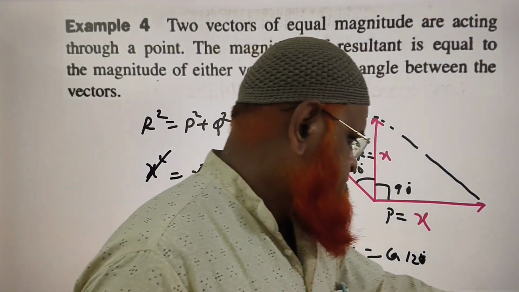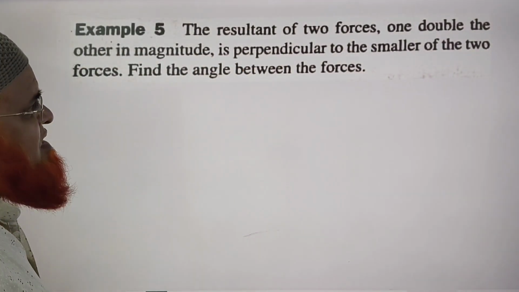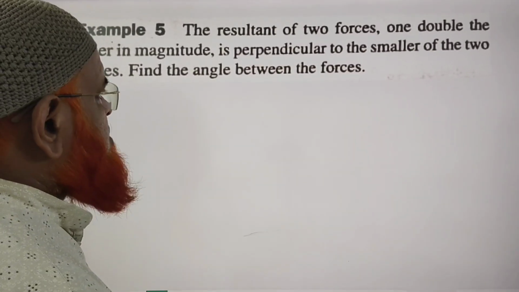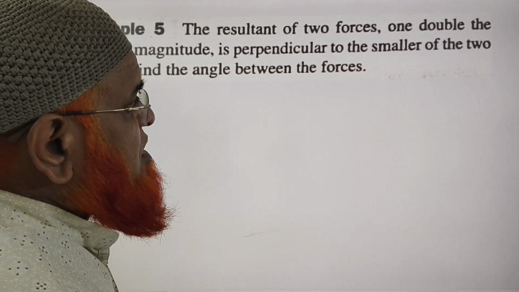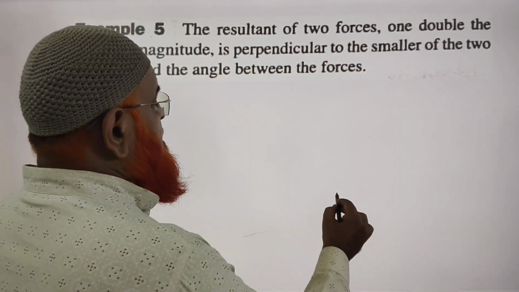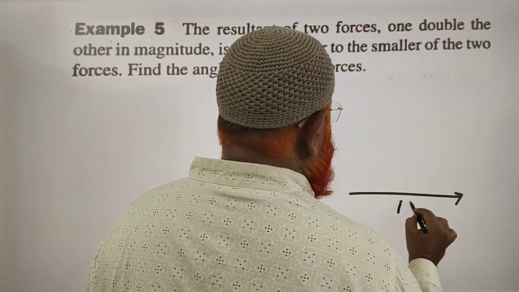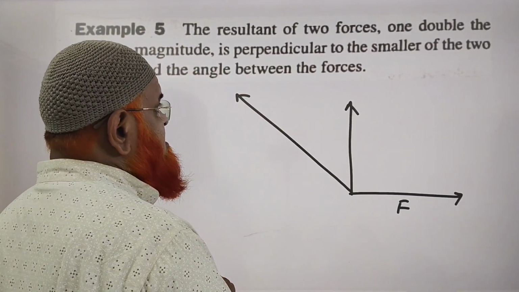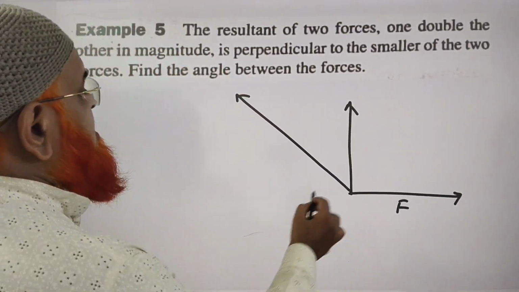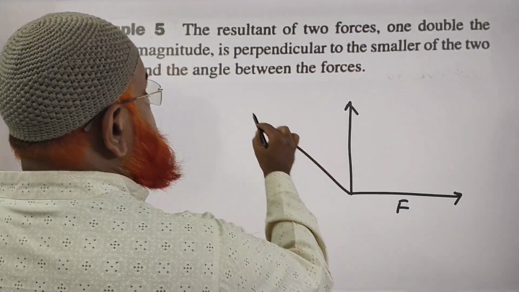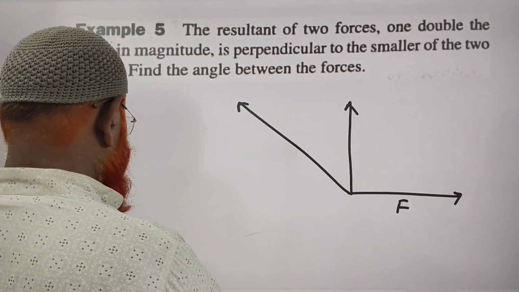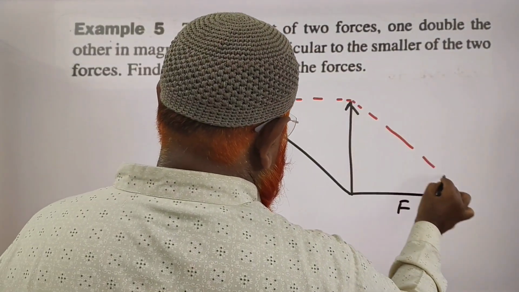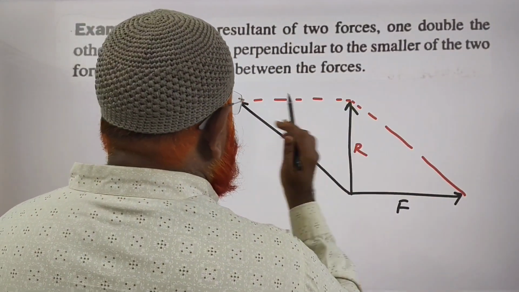Okay. Now, you just see here. The resultant of two forces, one double to that of the other in magnitude, is perpendicular to the smaller of the two forces. For example, this is a force, this is the resultant, and this is another force. This is given as the resultant.